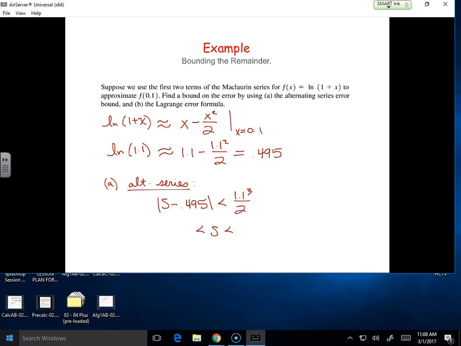Wouldn't we take 1.1 cubed divided by 2? And wouldn't we add it to 0.495 on one side? And wouldn't we subtract on the other side?